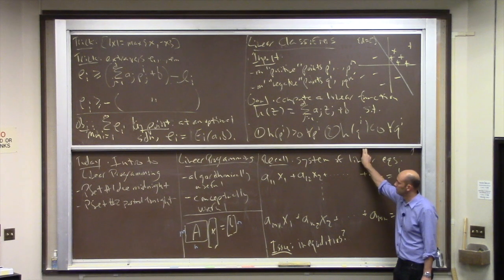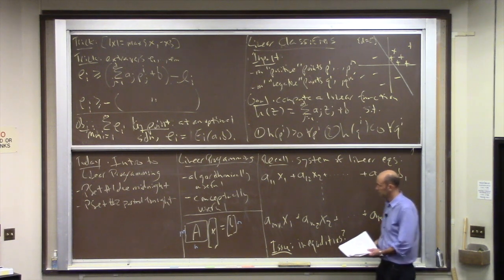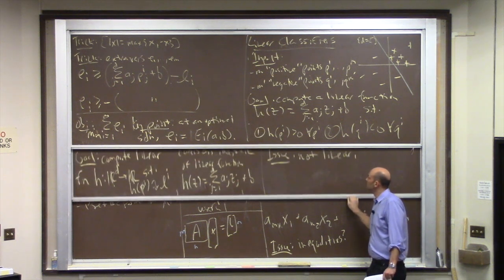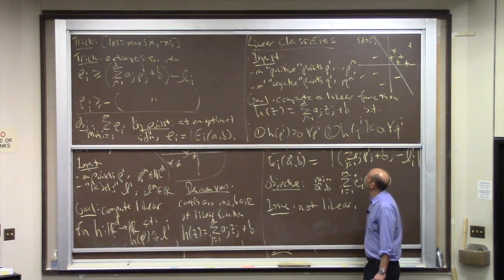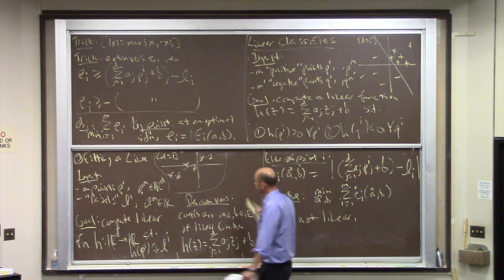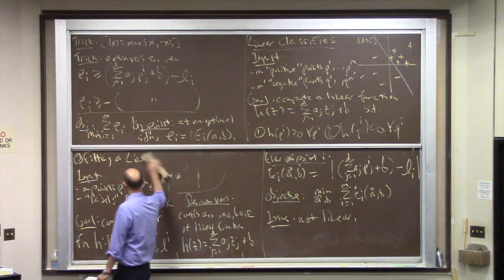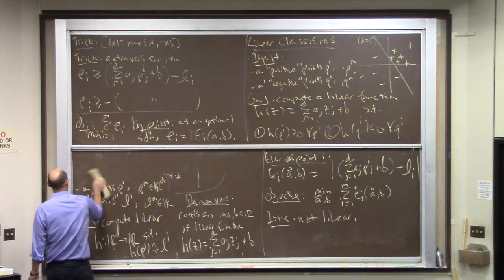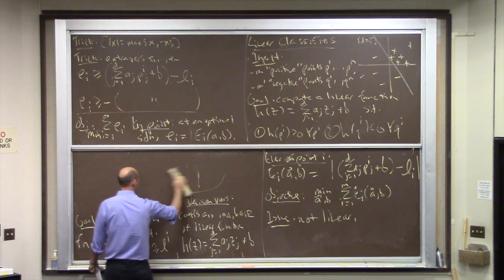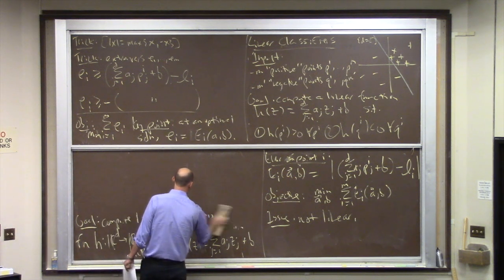Okay? So again, the p's and q's are given, and what we're solving for is h. And we're again thinking of h as being defined by its coefficients, a1 through ad, and its intercept, b.